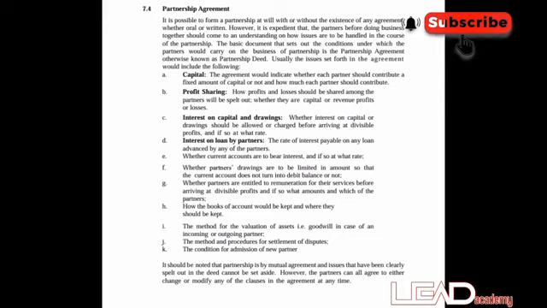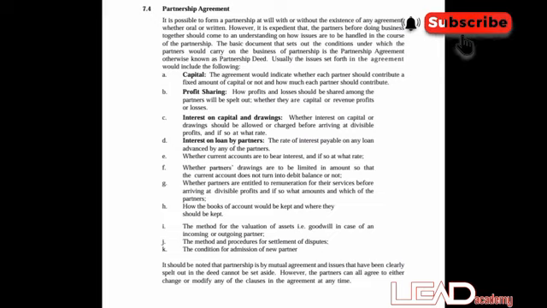These are interests placed on the capital that the partners put into the business, or the drawings, the money that the partners take from the business, or the loan that the partner gives the business, or that the business gives the partner. There must also be an agreement that the drawings should be limited. The amount of money that the partners are taking from the business should have a limit. It should not be limitless.